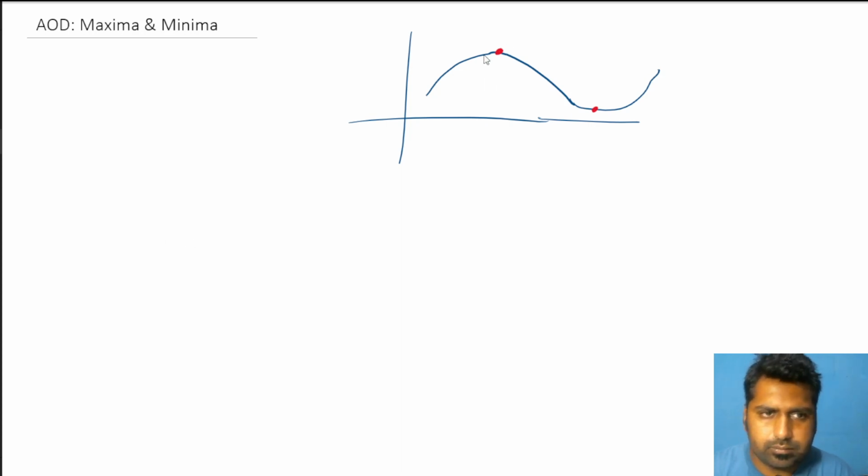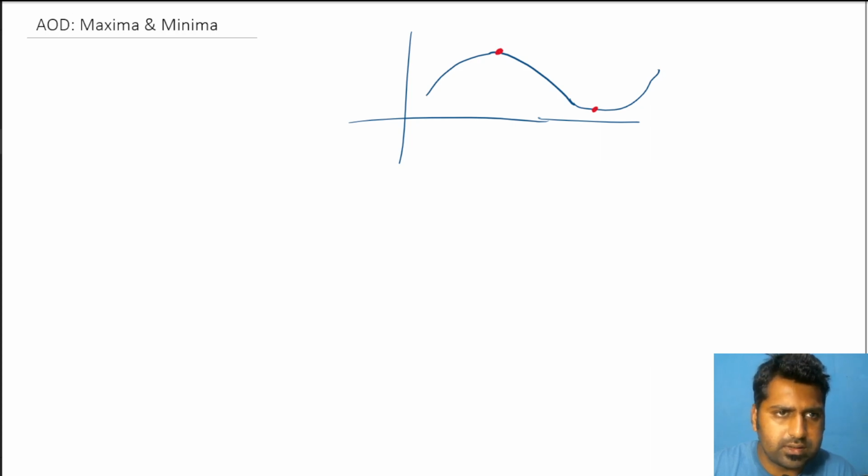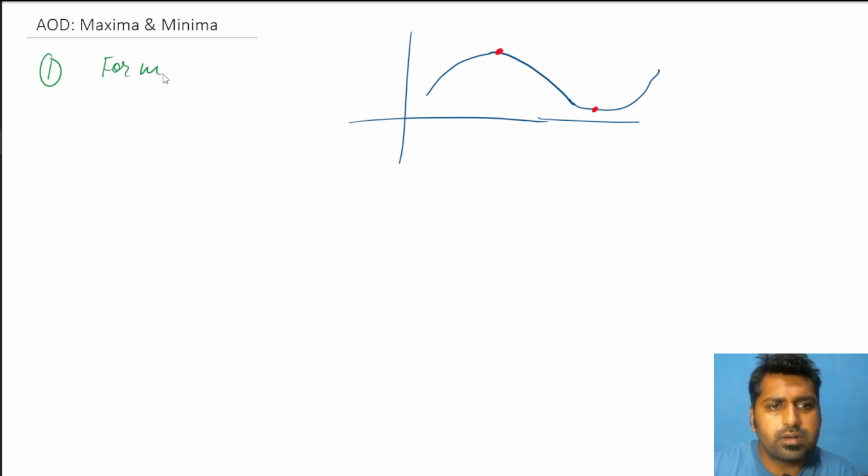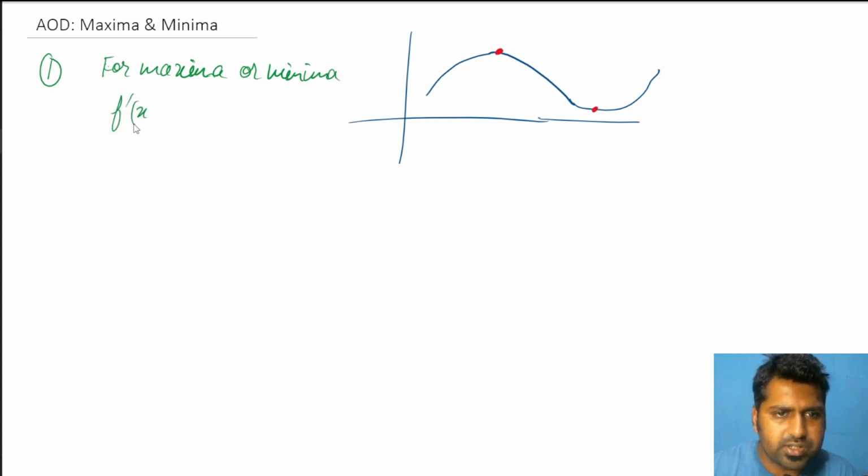The first thing is that for maxima or minima to exist, your f dash x, the function of x, whichever function it is, should be 0. If it is in terms of x, then f dash x is 0.